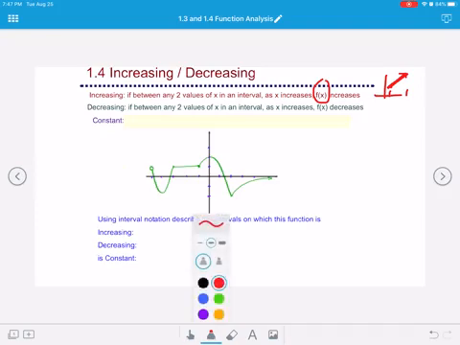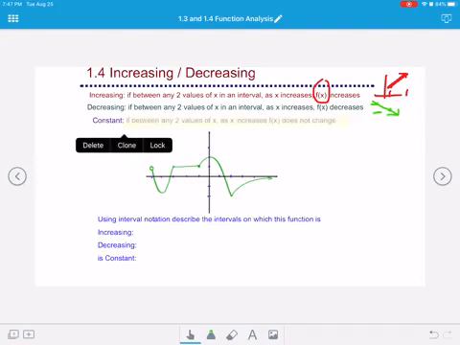So that would look like going down from one x to the next. And what do you think constant means? As you go between any two x values on the interval, your function value does not change. It stays the same.